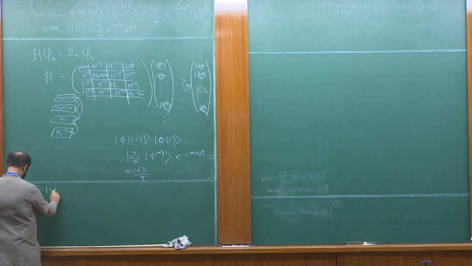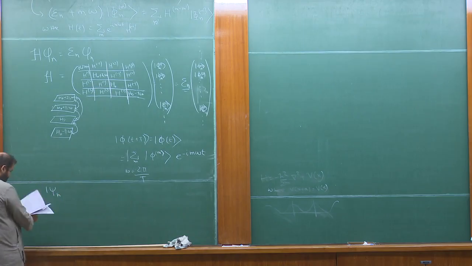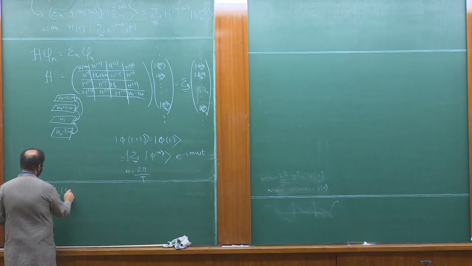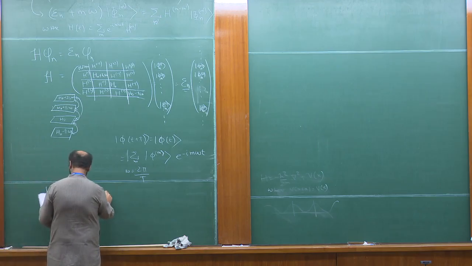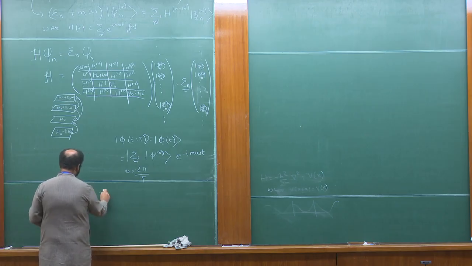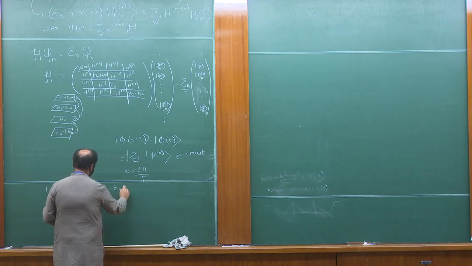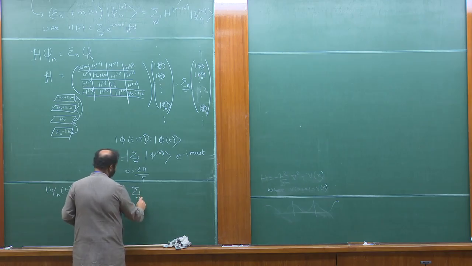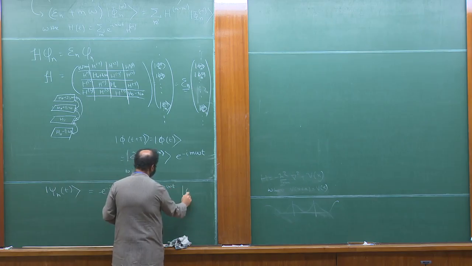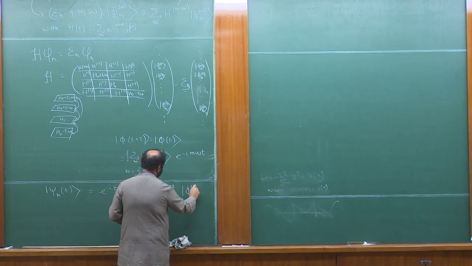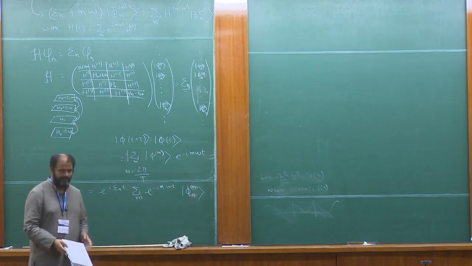See, I had written down psi_n(t) as e^{-iε_n t} sum over m e^{-i m ω t} φ_m^n, right?